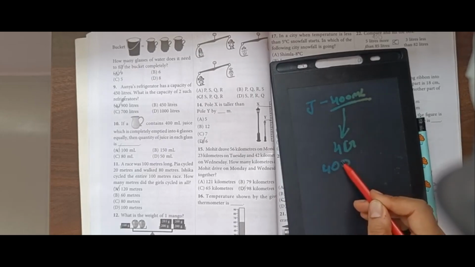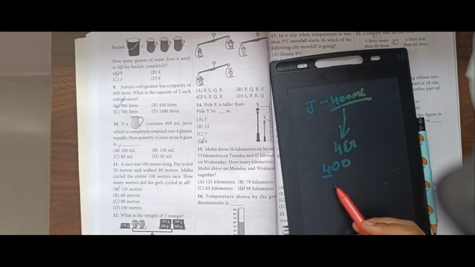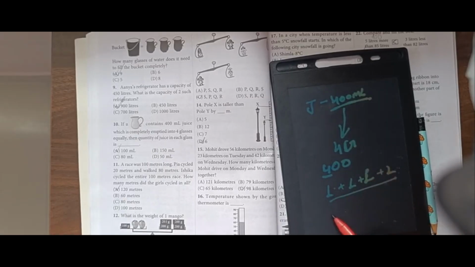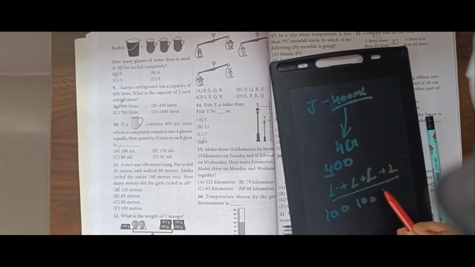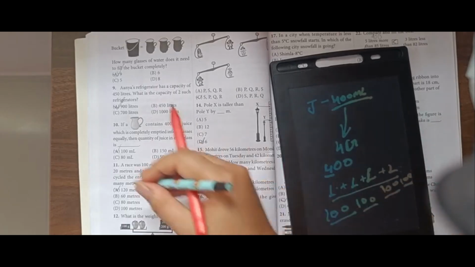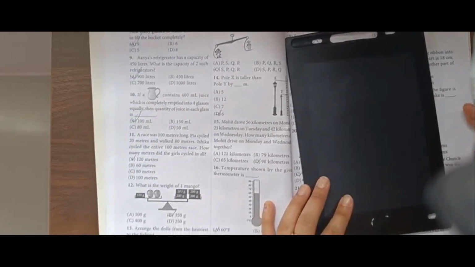If you don't know division, you can add. How can you make the 4? 1 plus 1 plus 1 plus 1. So it makes 4. Replace it with 100. One glass is 100, 100 and 100. So each has 100 ml. So you can divide also.